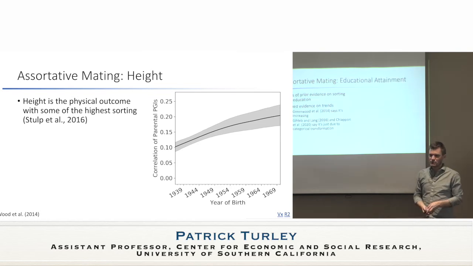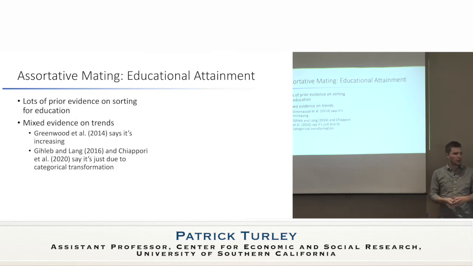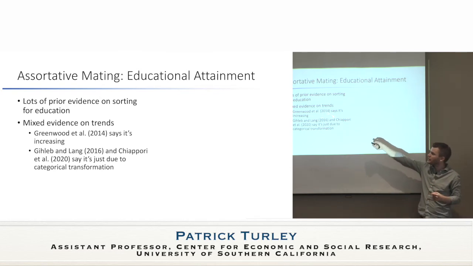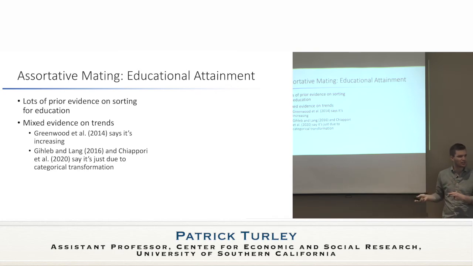That's height. So let's think about educational attainment. Lots of people have looked at sorting on education. I think this is an important social science question of how much people are sorting on SES-related measures. There was a paper that came out in 2014 that said sorting on education has been increasing. But then there were a few follow-up papers that said no, the increasing sorting reported in this paper is just a technical artifact due to the way that they coded the education variable.